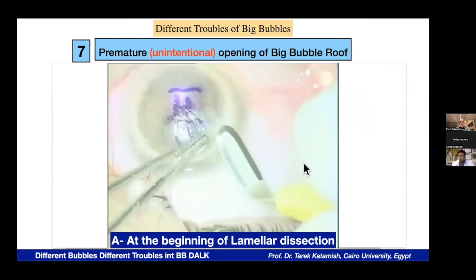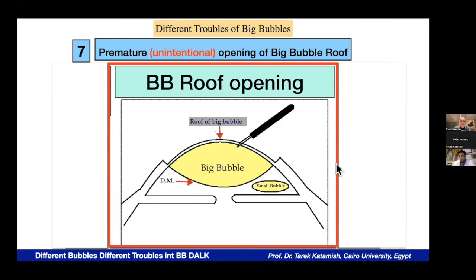The last category is what I call the premature or the unintentional opening of the big bubble roof. This is also a tricky situation. So what I mean by this, we all know, as I have just mentioned, that this is the ordinary way of opening the roof.